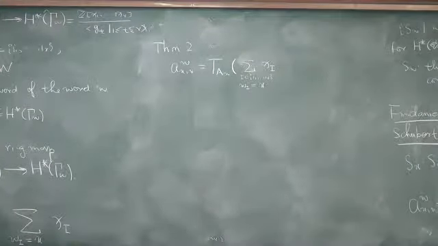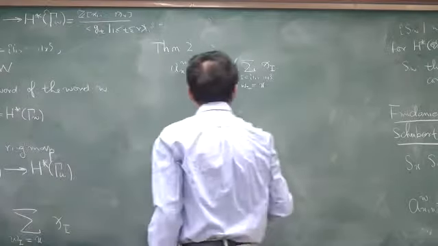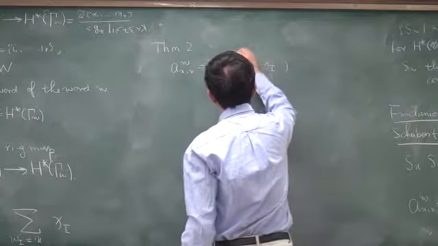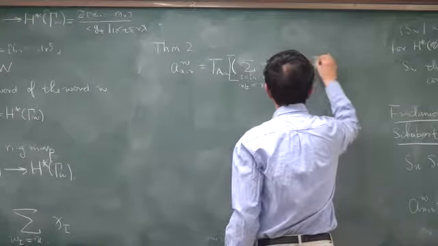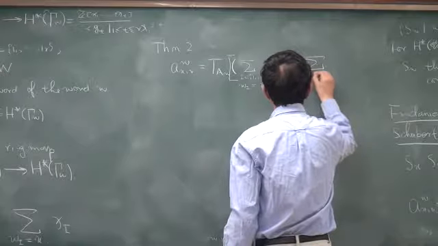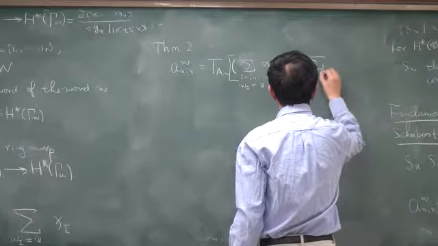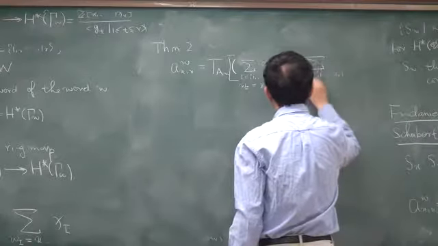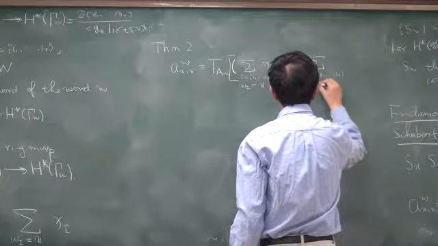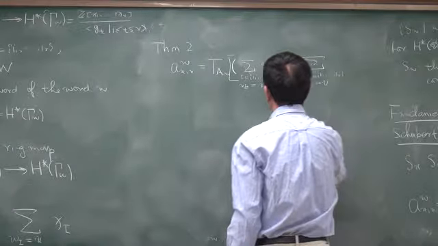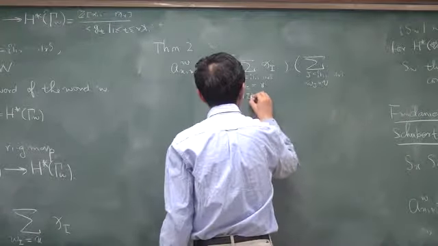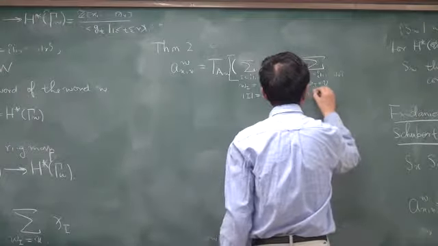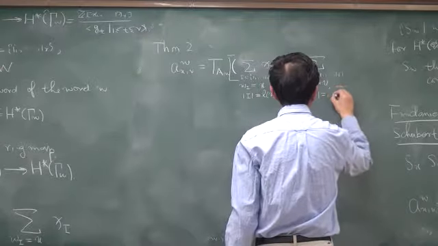And J such that the product equals u to v, sorry. And also here we ask that the cardinality of J is equal to the length of v.